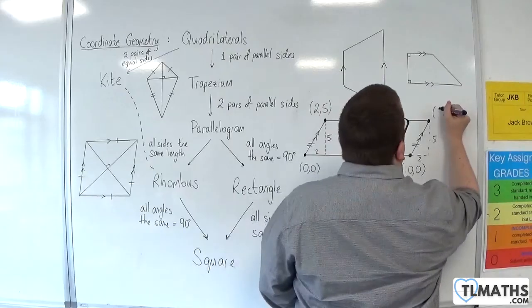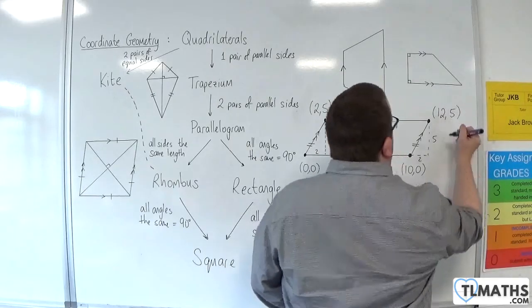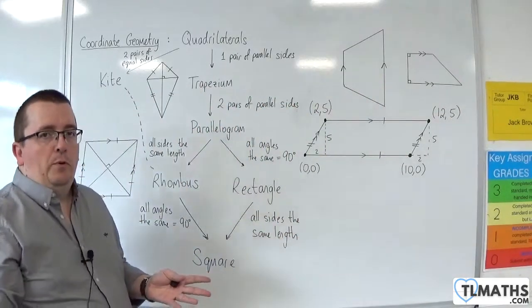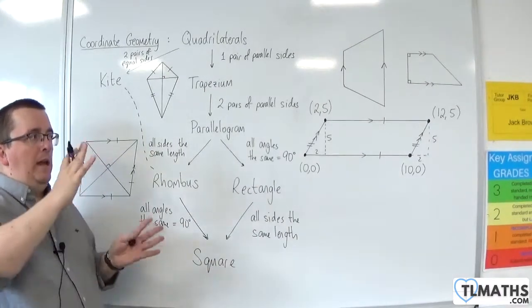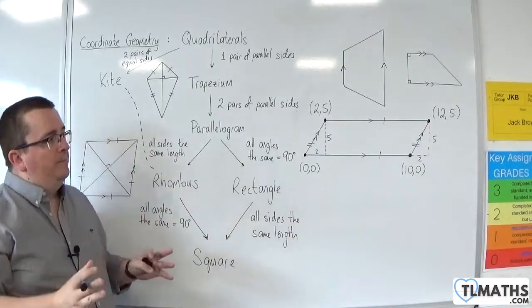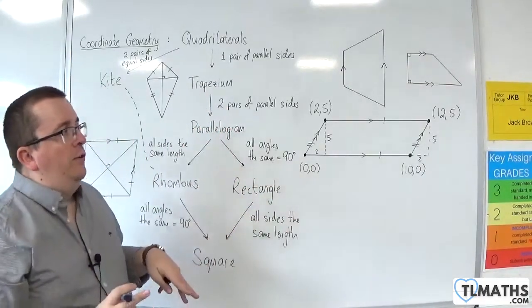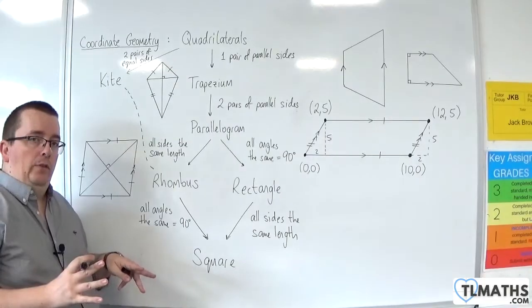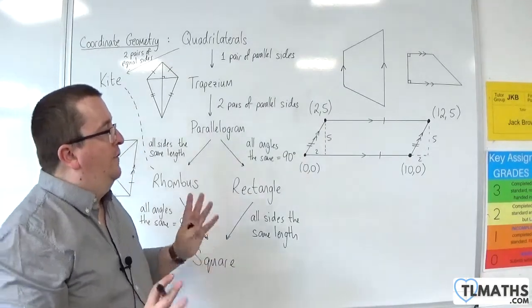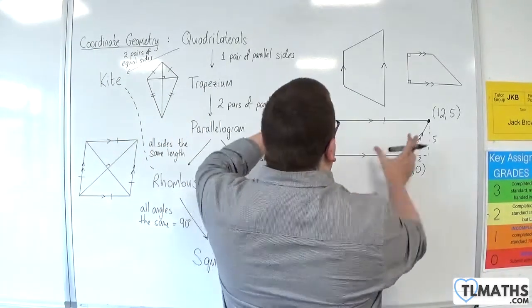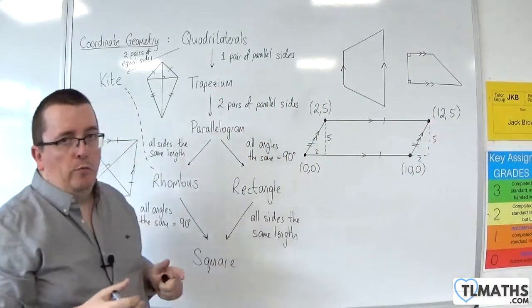So this point would of course be 12, 5. Now that's a very basic example because the parallelogram might be rotated slightly, in which case you might need to use other methods. Okay, you might need to find the equations of these lines in order to solve the problem.